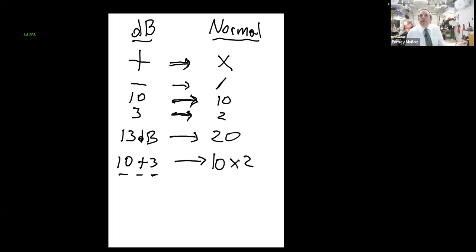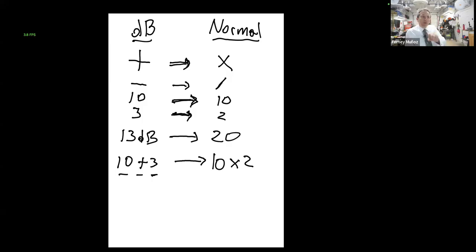Remember we use dBi, dBm, dBd. As a matter of fact, since we talked about antennas not too long ago, there is another unit, dBd, relative to a dipole antenna: how much gain did this antenna have? That was like 2.14 or 3.1, I don't remember what the number was.